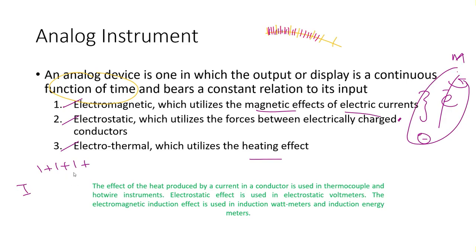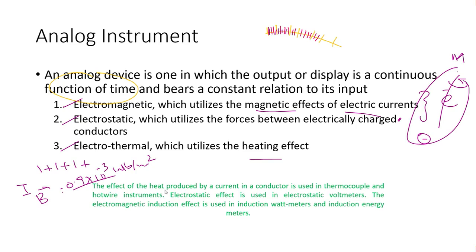So that's why these instruments are termed analog instruments, because B is in the form of, let's say, 0.9 into 10 power minus 3, in Weber per meter square. So these types of instruments are continuous in nature and are referred to as analog instruments.